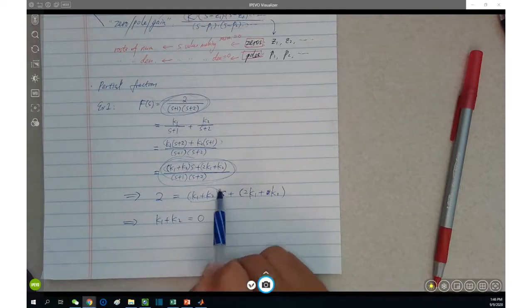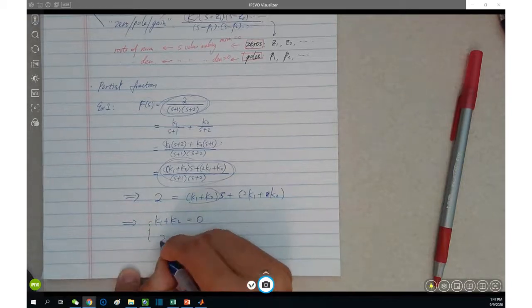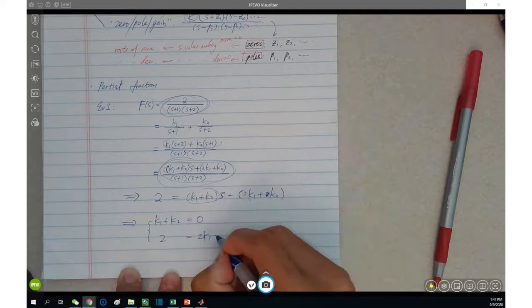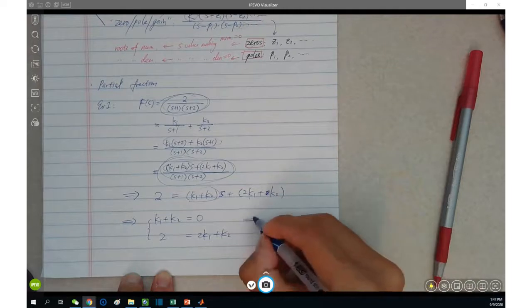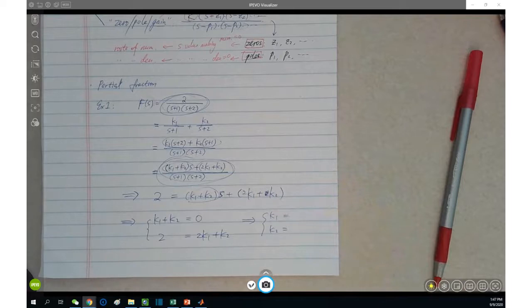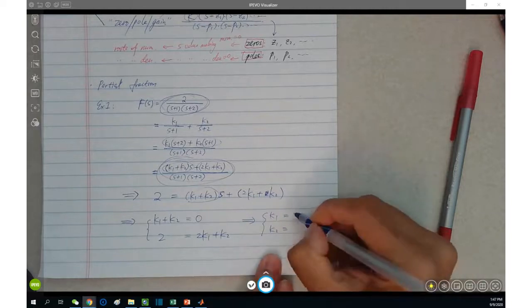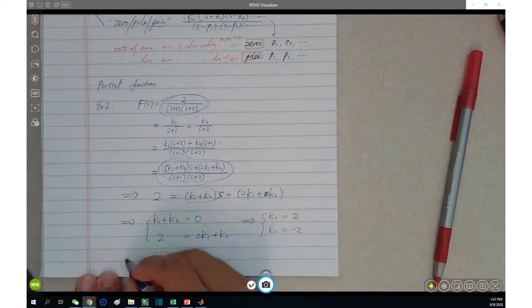Therefore, the coefficient k1 plus k2 must be 0. And meanwhile, constant term equals constant term. What do we get from here? The k1 and k2 values. Two equations, two unknowns, right? To save time, we directly have the answer here: positive and negative 2. That's k1 and k2. And further, what do we get?